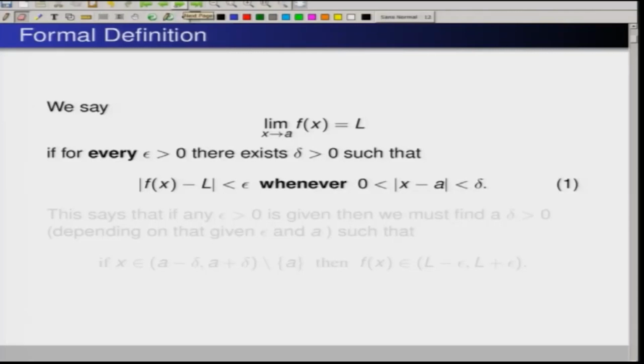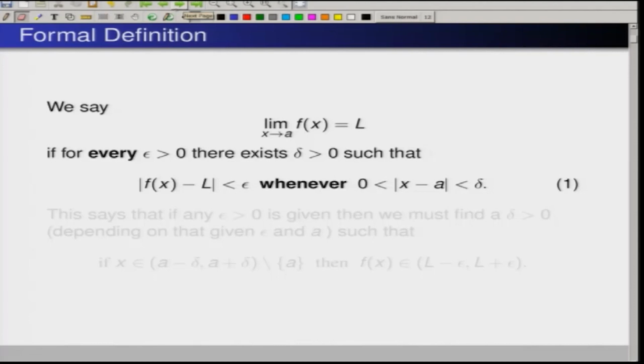We may just agree not to include the point a. In the interval a minus delta to a plus delta, all those values f will take will be close to L, and how close we want is determined by us. Whatever the closeness, given any epsilon positive, however small it is, we can always find a delta.